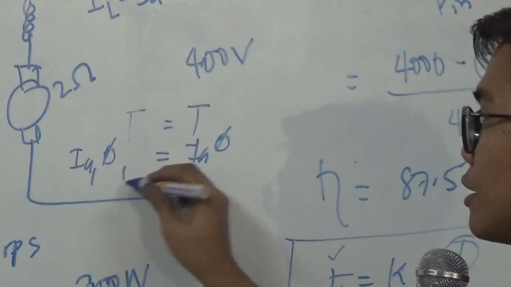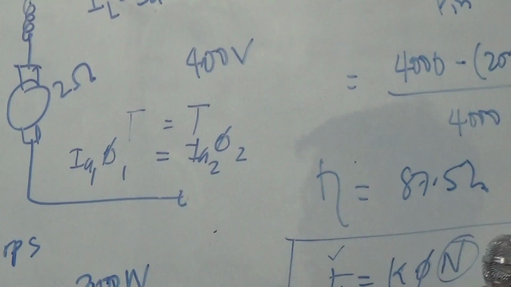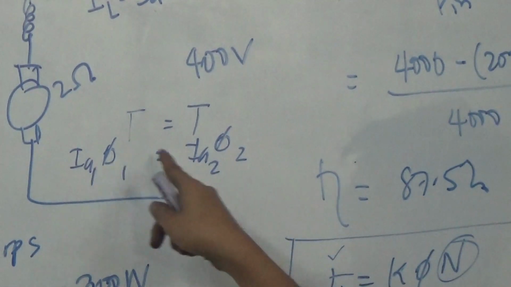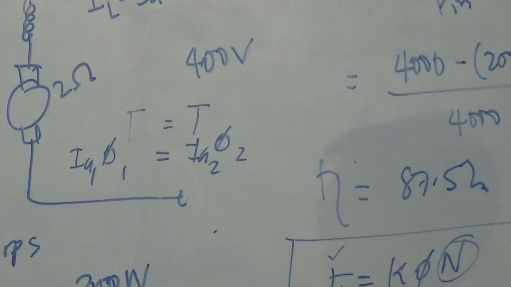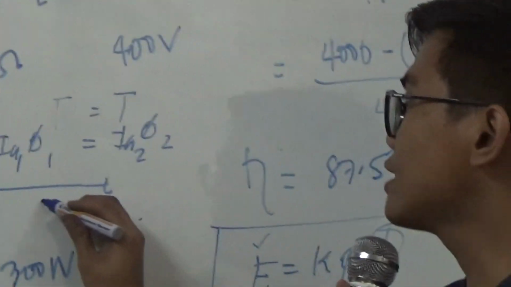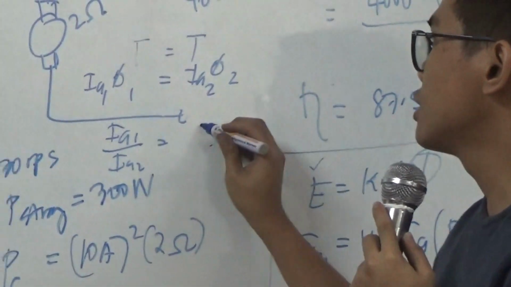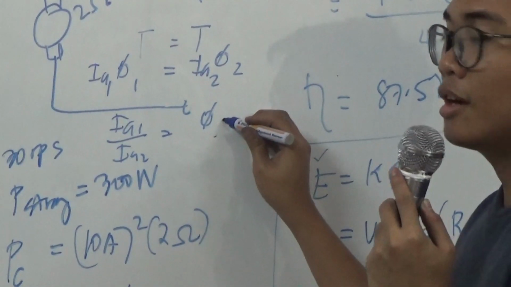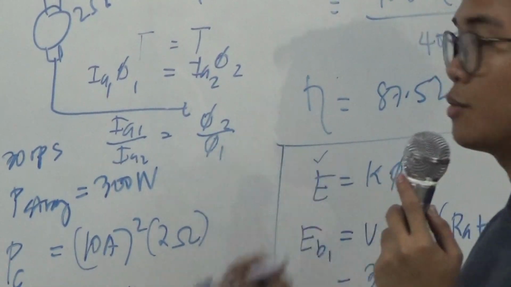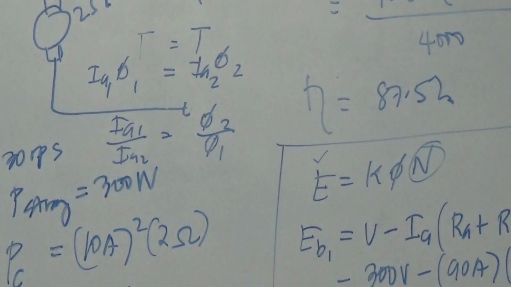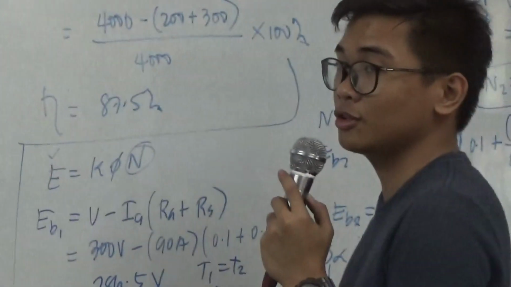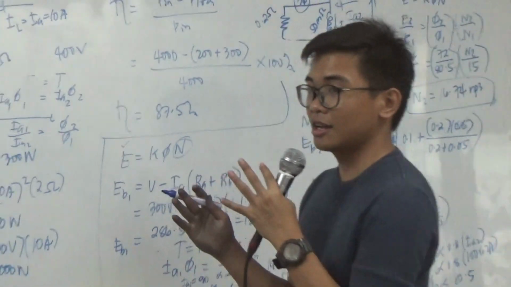So this is 1, 2. Yung tinatanong mo is, bakit 90 parehas? Proportionality lang naman siya. Pwede kong i-as IA1 divided by IA2 is equals to flux 2 over flux 1. So, pag sinabi niyang assume flux is proportional to the field current, proportion siya.